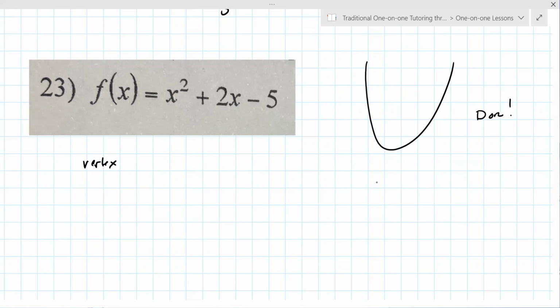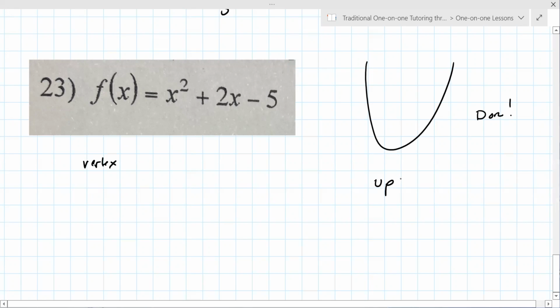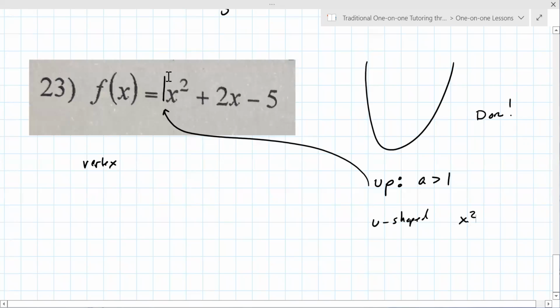Okay. Let's go over how Matthew figured this out here. So it opens up because a is greater than 1. A is that number in front of x squared. It's U-shaped because it's a quadratic. The only variation on it is if they make the number in front negative, then it opens down.